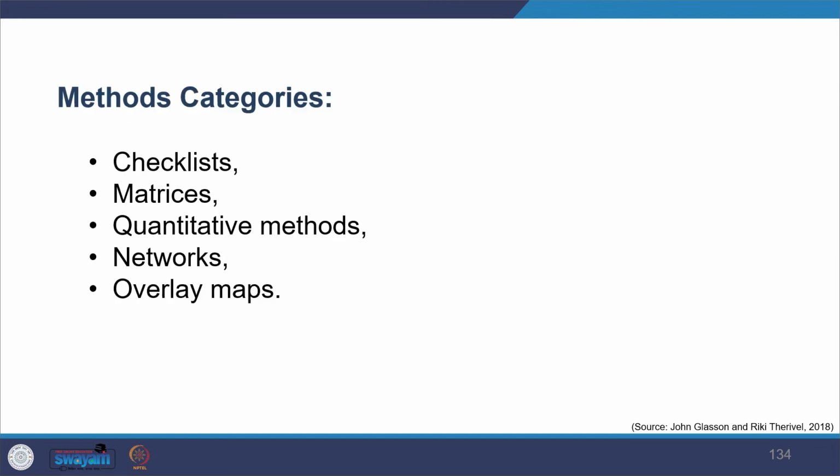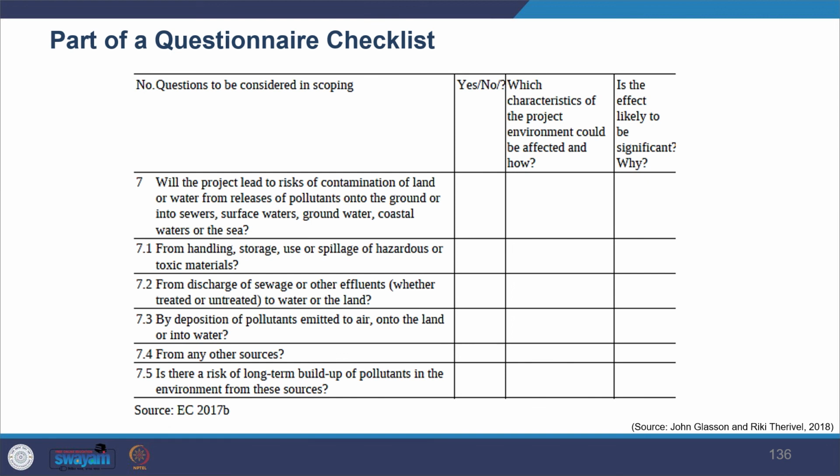There are methods available to check the impact, such as checklist methods, matrix methods, quantitative methods, and network and overlay maps. We will cover them in detail later. A simple checklist helps you see whether those impacts will happen or not.